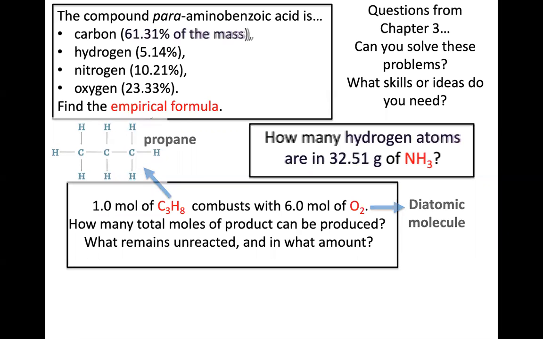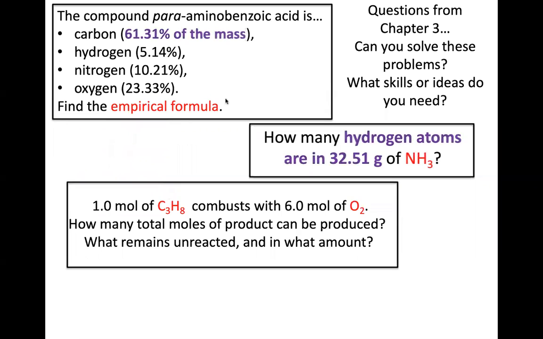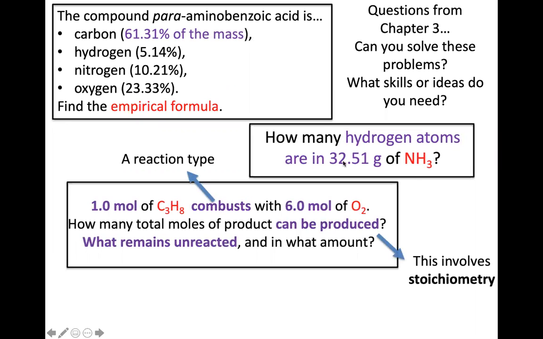Now, as far as some new ideas within here, what will we do when we have information about the percentage of the mass of one of the elements? We haven't worked on that yet, but we're going to in chapter 3. This idea of connecting how many atoms you would have with how much they weigh is an idea that we're going to have to see and learn about in chapter 3. Other things: I see this word combusts.